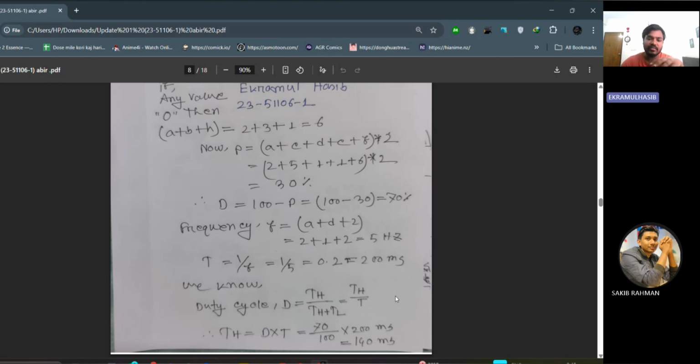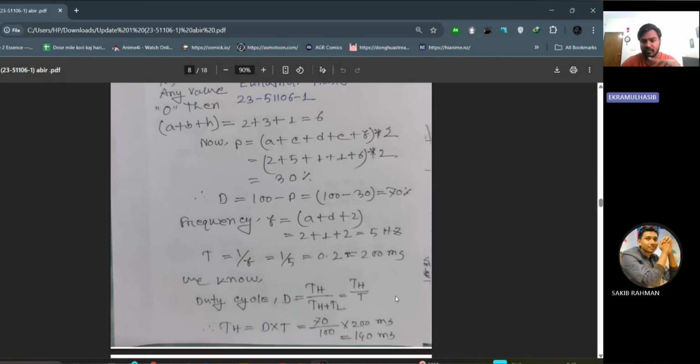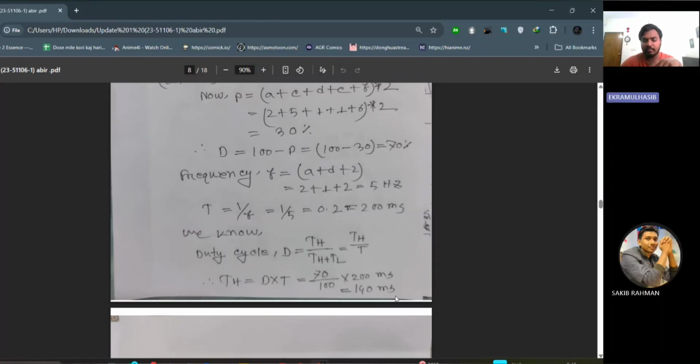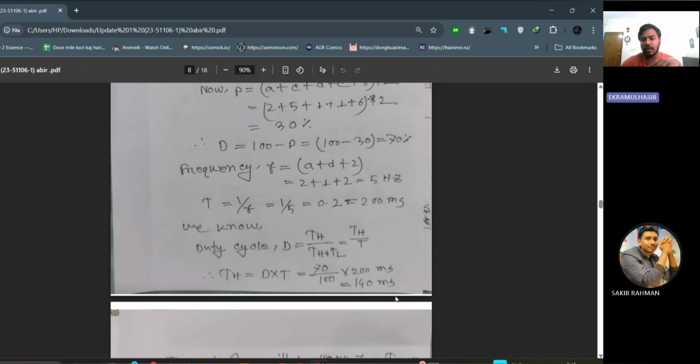And frequency means A plus D plus 2, that is 2 plus 1 plus 2, that means 5 hertz. T equals 1 by f, and 1 by f equals 0.2, which is 200 milliseconds.